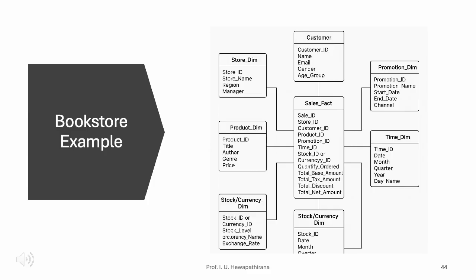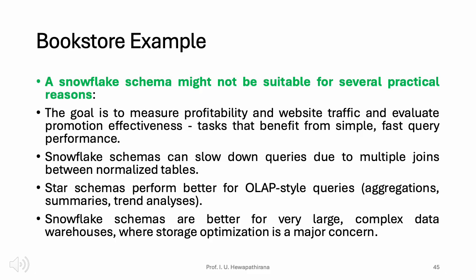structurally coherent. It is worth pausing to consider why a snowflake schema may not be the most appropriate choice in this instance. Recall that the stakeholders' goals are to measure profitability, track website traffic, and evaluate promotional effectiveness, objectives that benefit from simple, fast query performance.